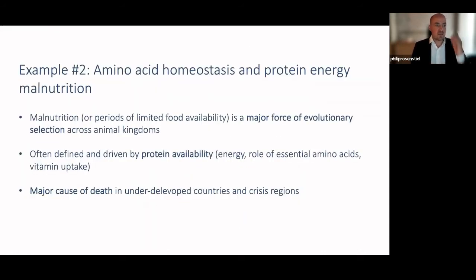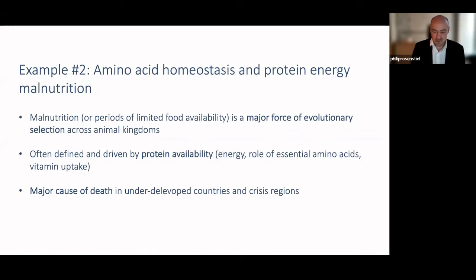So the second example is around amino acid homeostasis, and that is really something that we have worked on for quite a while here. Specifically, we work on mechanisms of protein energy malnutrition, and how this is affected by microbes in the gut. Now, when you think of recent human evolution, like the last 150,000 years or so, malnutrition is probably rather the normal state, right?